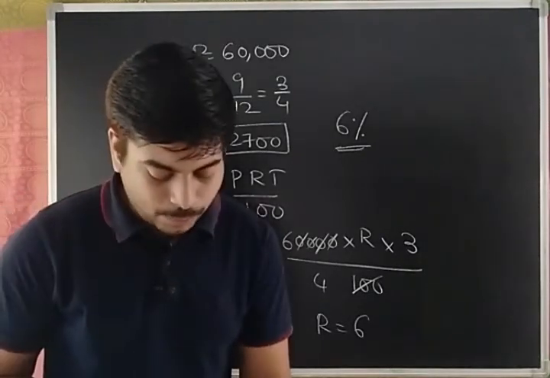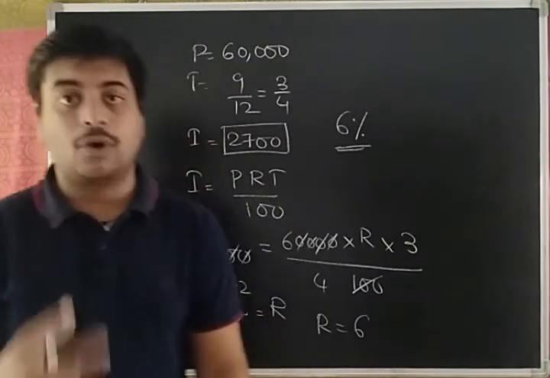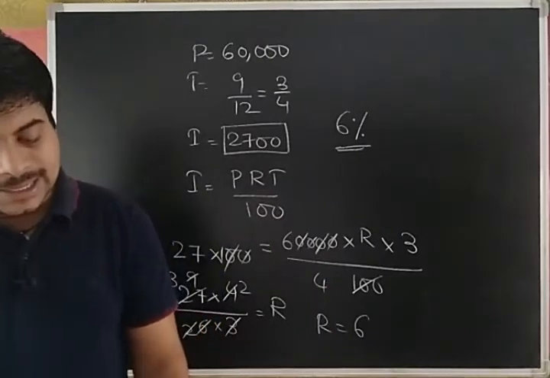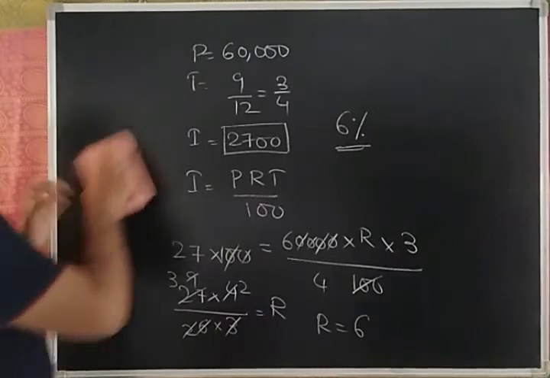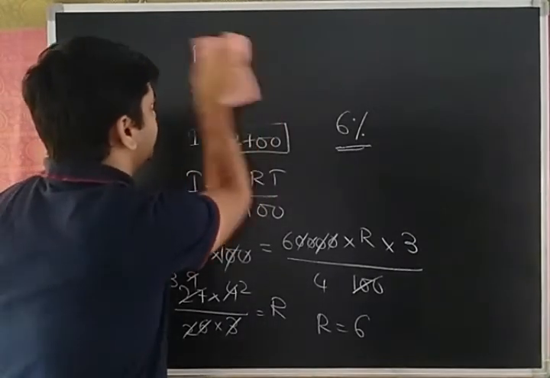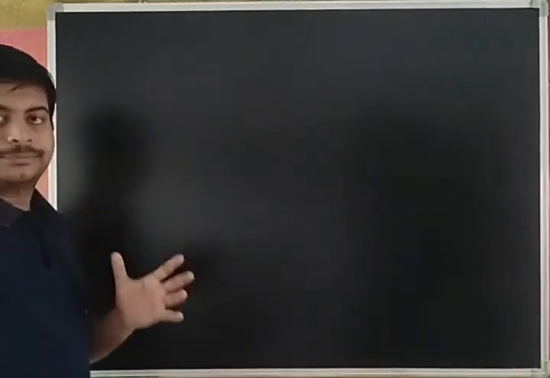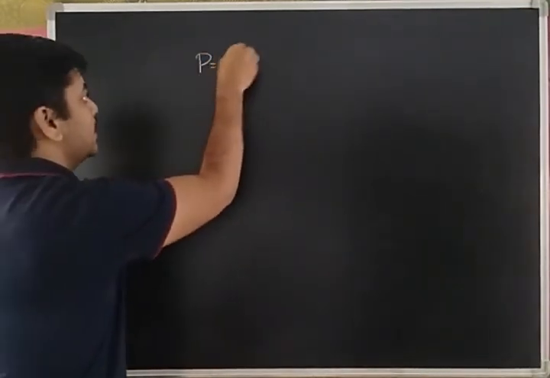Let us quickly see one more question. At what simple interest rate will 30,000 rupees yield 1,200 rupees? Now the principal is given as 30,000. You need to read the question properly and write what all is given.